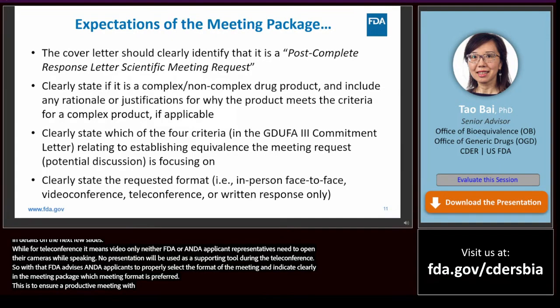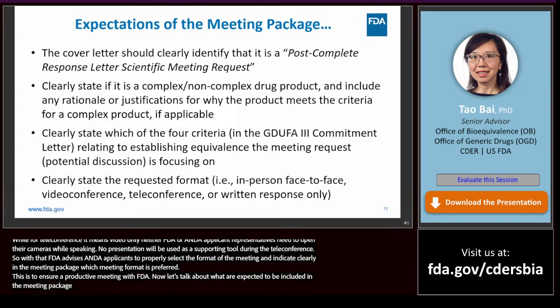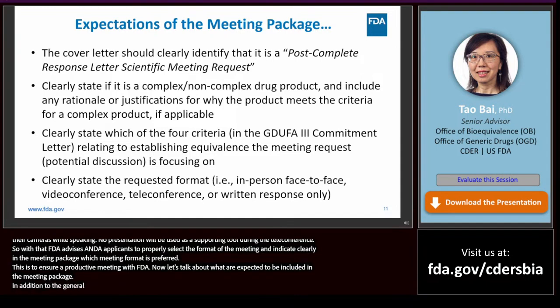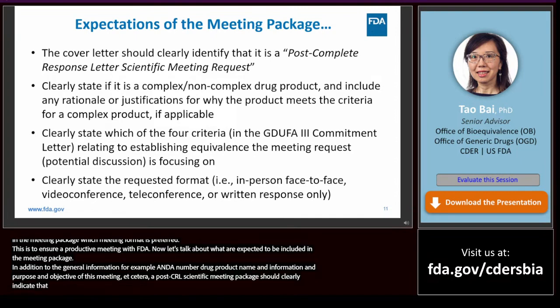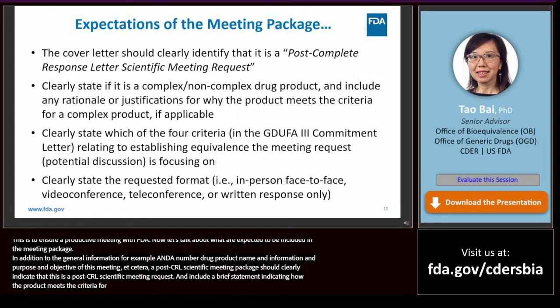Now let's talk about what is expected to be included in the meeting package. In addition to the general information related to the ANDA, for example, ANDA number, drug product name, RLD information, purpose and objective of this meeting, etc., a post-CRL scientific meeting package should clearly indicate that this is a post-CRL scientific meeting request and include a brief statement indicating how the product meets the criteria for a complex product if applicable.